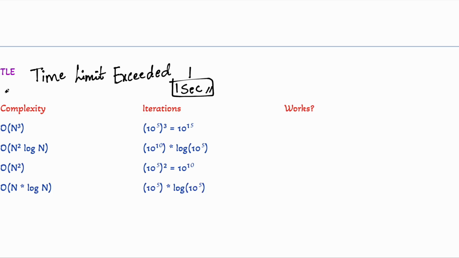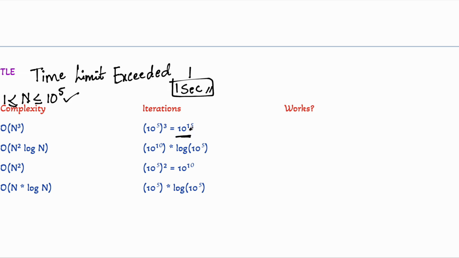So for example, if we take the input size from 1 to 10 power 5, let's see whether our algorithm works fine for the given time complexity. If the time complexity of the algorithm is n cube for this given bound, then 10 power 5 whole power 3 becomes 10 power 15.